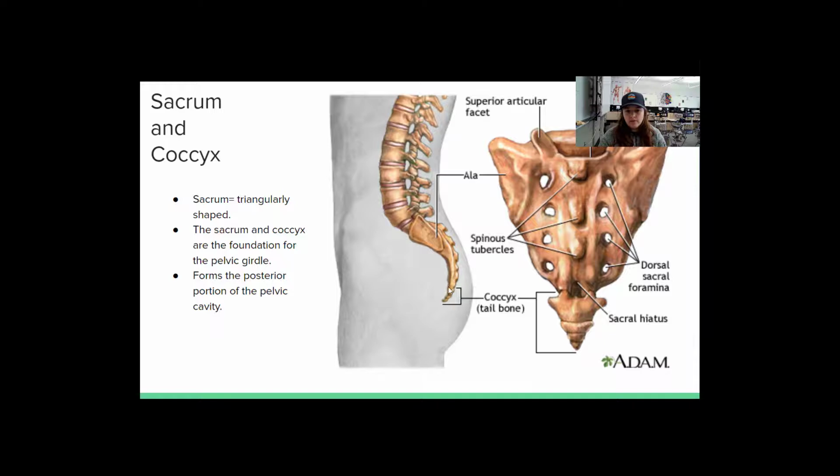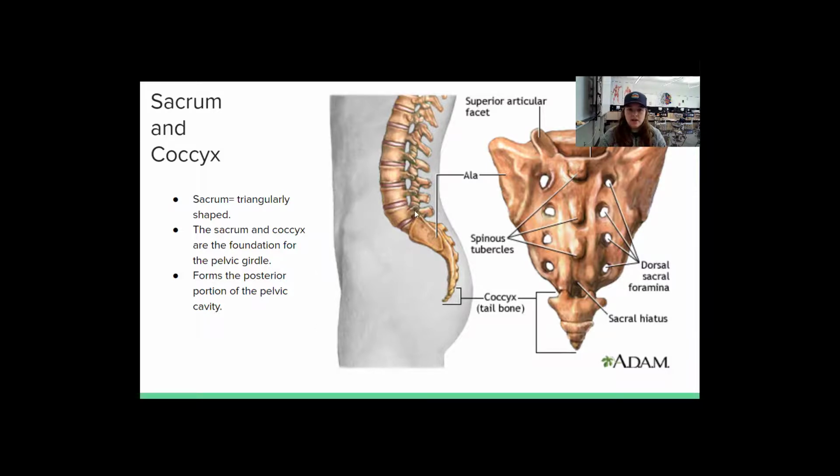And the shape of this sacrum and coccyx and the way it is positioned differs in male and female bodies. So I can tell just by looking at this picture that this is going to be a female sacrum and coccyx. And the reasoning is, due to human evolution, there needs to be some room here for an infant's head to be able to push down out of the birth canal.